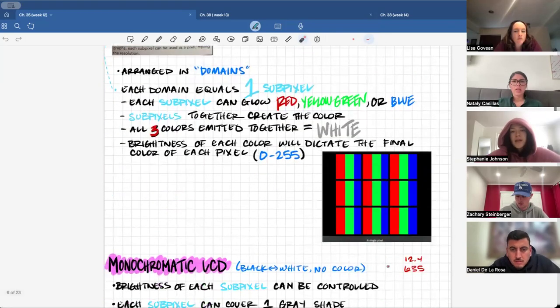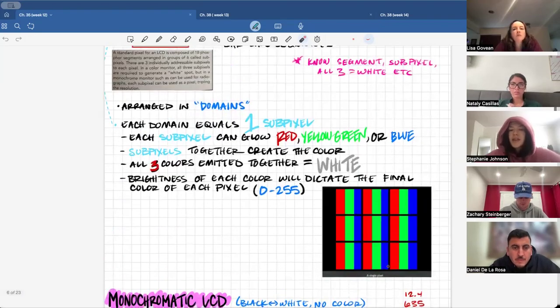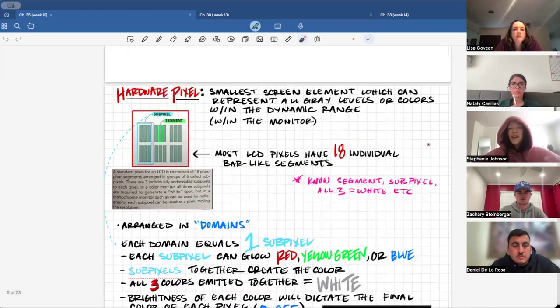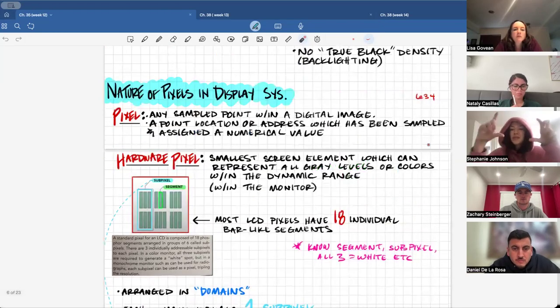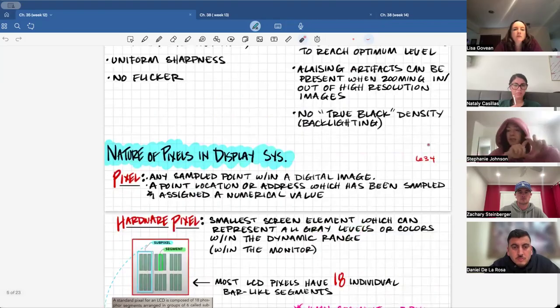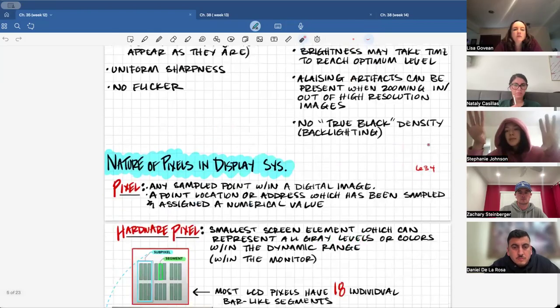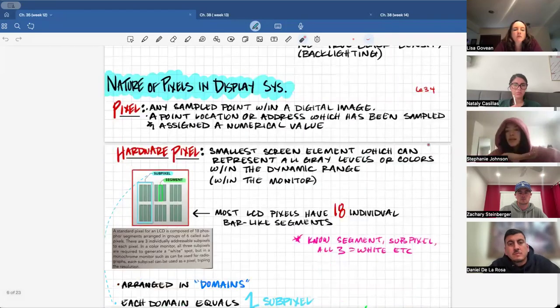From what I'm pretty sure it is, it's basically like if you paint and mix colors: if 50% of the red and 50% of the blue are being emitted, then you'll see purple. If all of them are completely lit up, it's white. And if there's no light coming out, they're black.